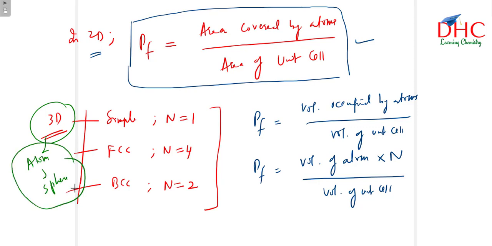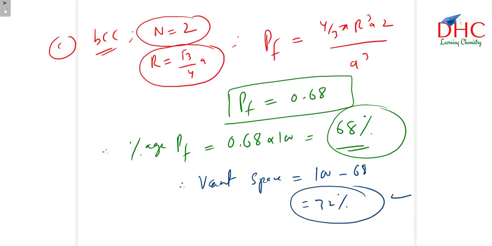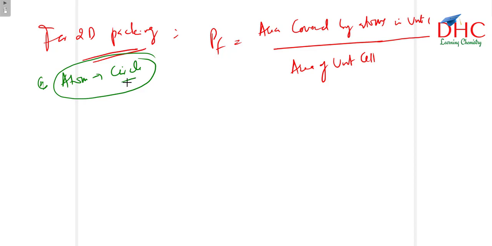This is important. So here you have to find the volume of sphere. Since in 2D you are taking atom as a circle, you have to find the area of the circle.